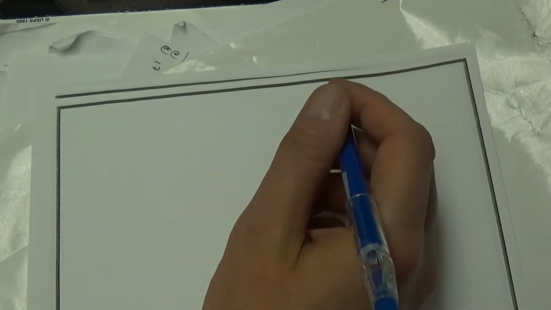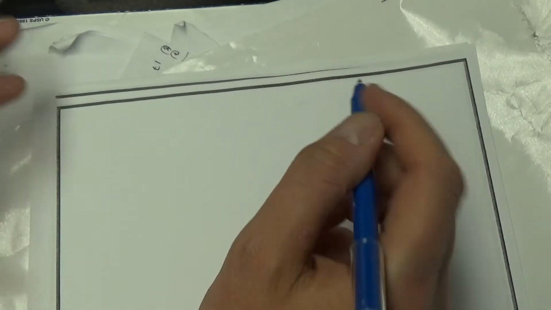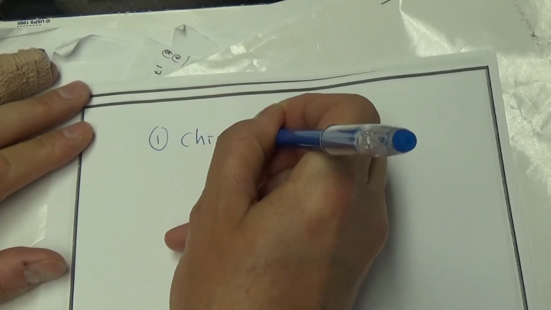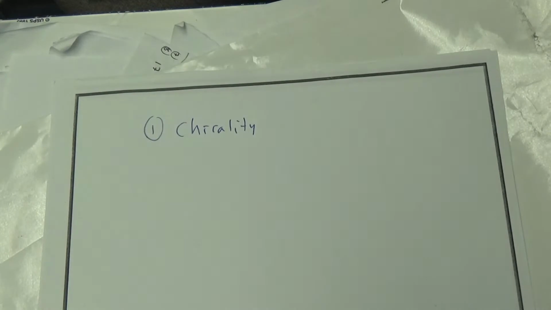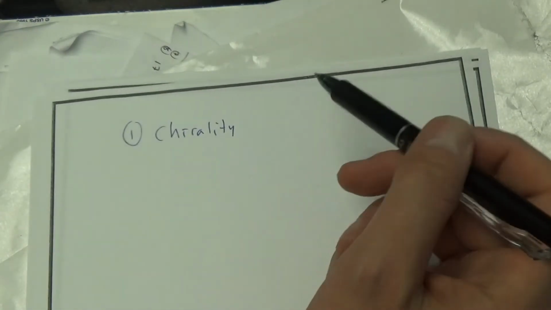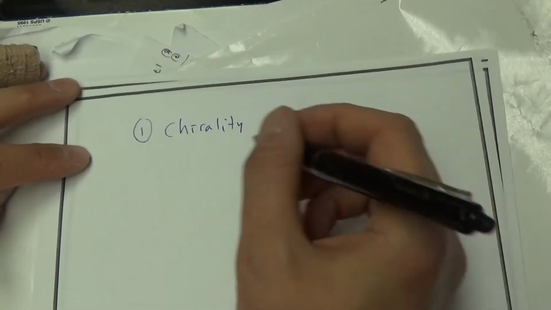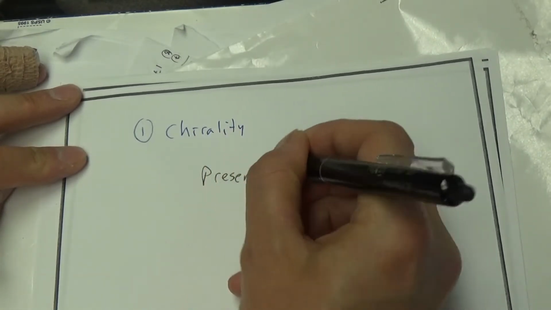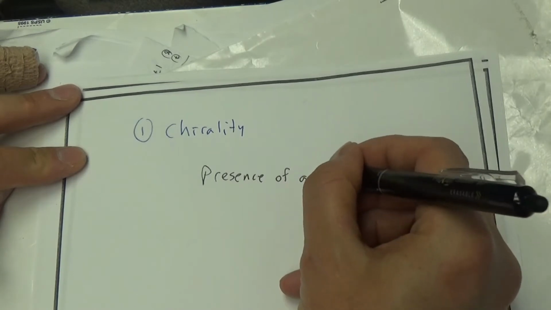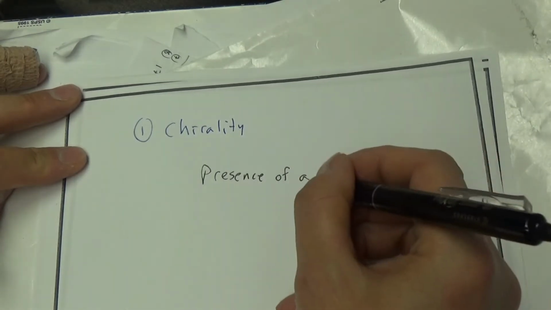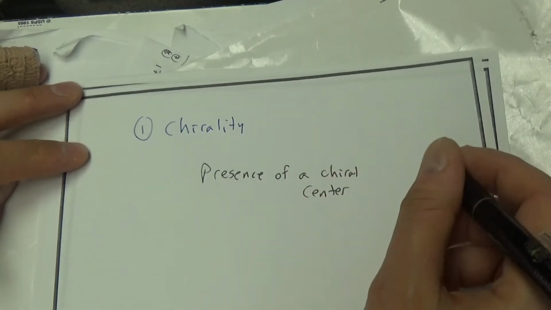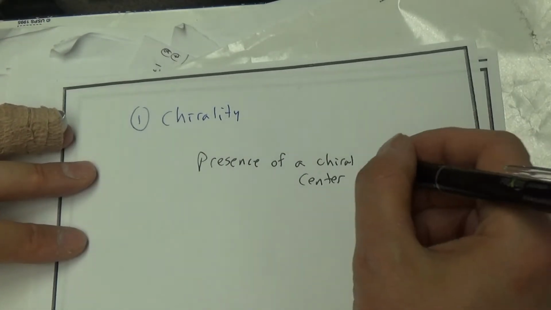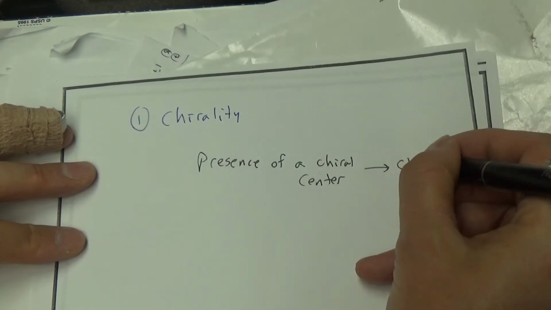All right, so this leads us, we're still talking about number 1, chirality. This leads us to notice something, that usually the presence of a chiral center, or stereogenic center, or asymmetric center, implies chirality.